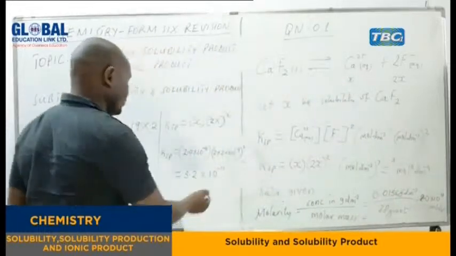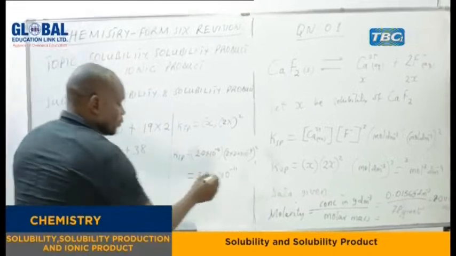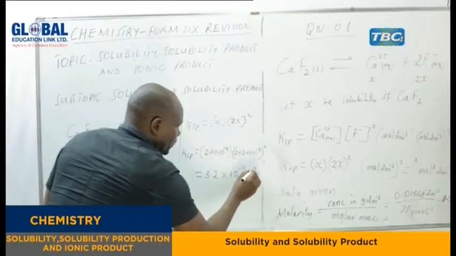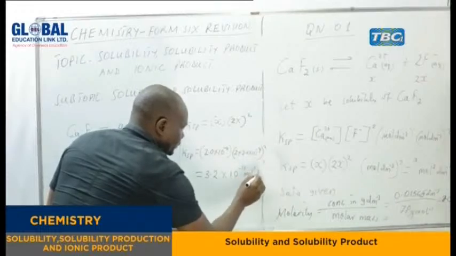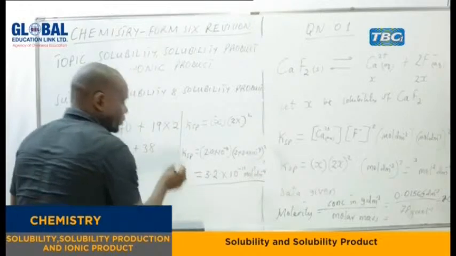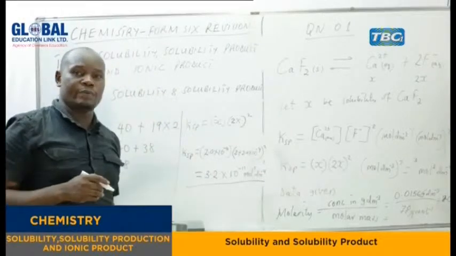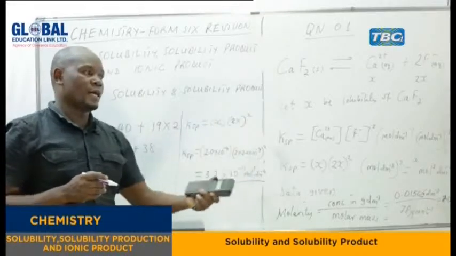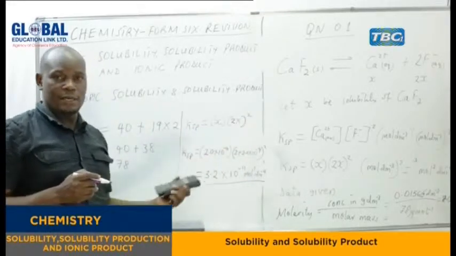So the SI unit of our Ksp will be moles cubed per decimeter to the power negative 9. This will be the Ksp value of calcium fluoride, which we have been asked to calculate.